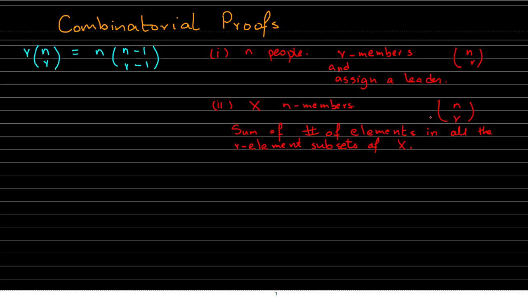So the sum of the numbers of elements in all the r member subsets would be this times r, which is what we want.